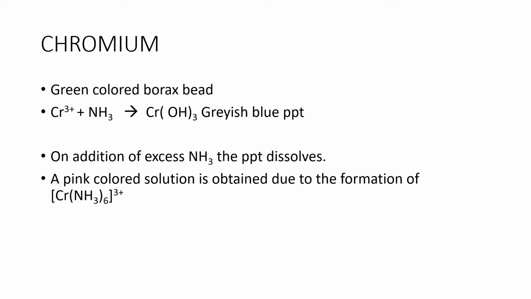Ammonia here is acting as a coordinating group, and addition of the excess coordinating group is dissolving the grayish blue precipitate, and we are having the formation of a pink colored solution that is due to the formation of the hexaammine chromium complex, chromium being in the +3 oxidation state here.